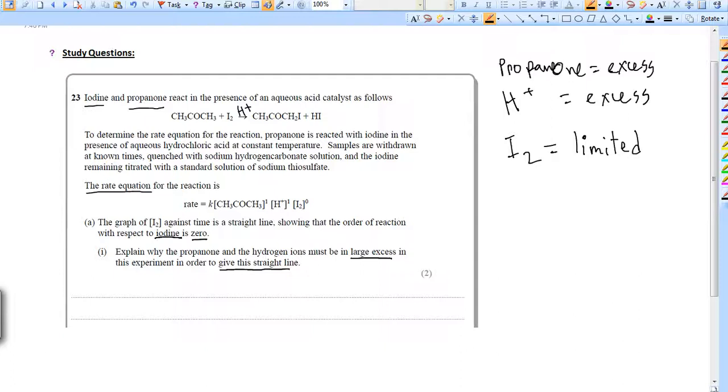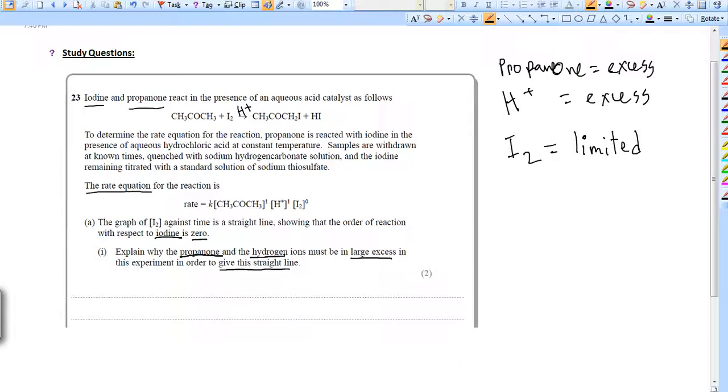How are we supposed to say that this iodine is limited? Because they have already mentioned these two as large excess, so obviously iodine must be limited.